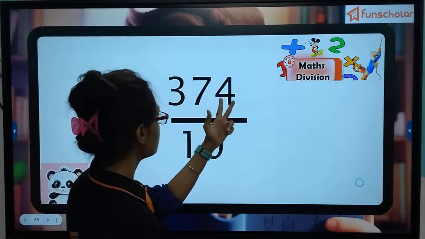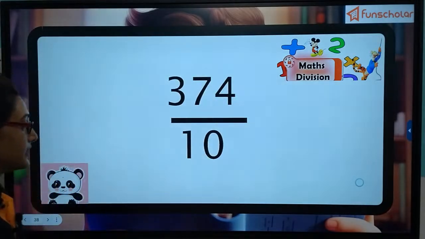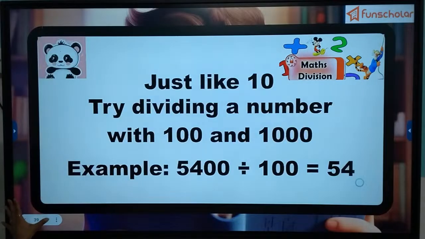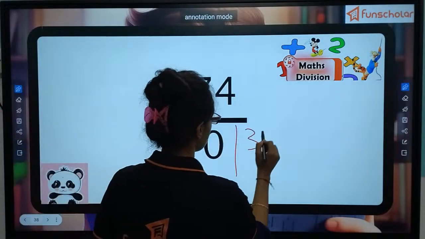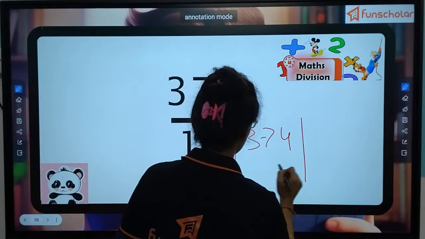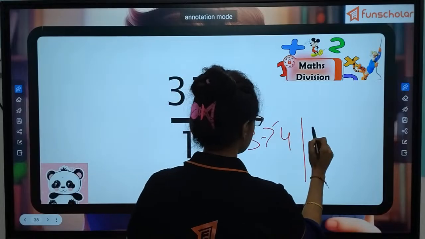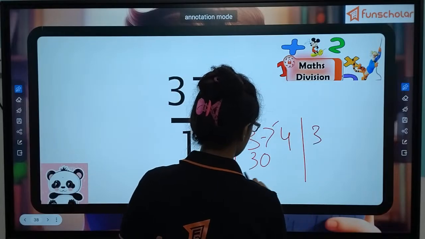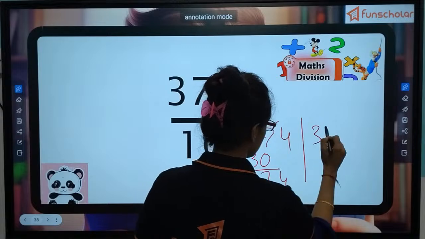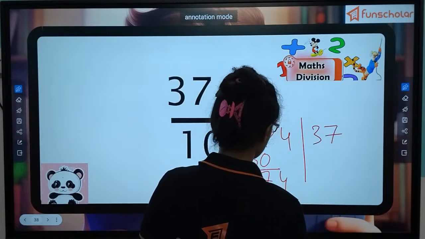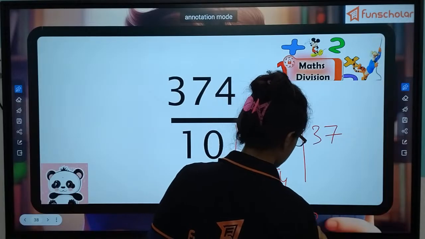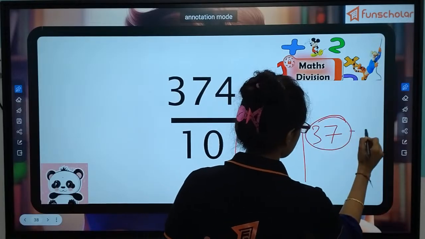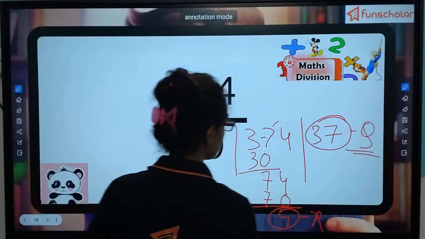See, 374 divided by 10, it is given. So 10 threes are 30. 7 4. 10 sevens are 70. Remainder is 4. R is the remainder. 37 is the quotient.